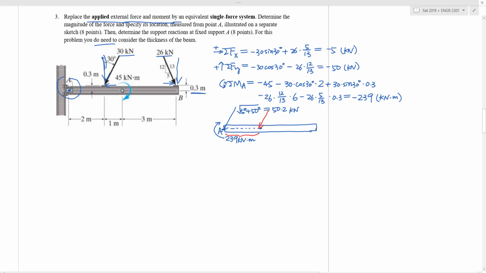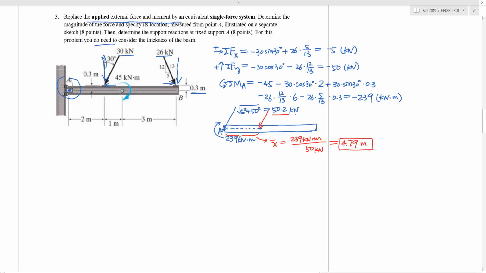Therefore, this distance, x bar, equals 239 kilonewton meter divided by the vertical component of this resultant force, which is your 50 kilonewton. This is in absolute value, and that will give you a distance of 4.79 meter.